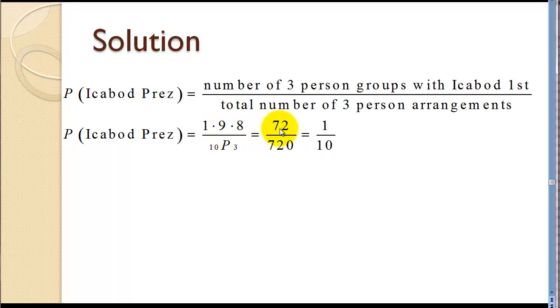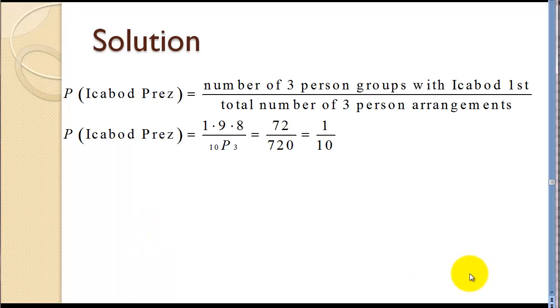So there are 72 councils that have Ichabod as president. And then we need to know the total number of councils, and that would be 10 people being chosen 3 at a time, and it's an arrangement, and we could do this in the calculator, and we get 1/10. So there's a 0.1 probability that Ichabod would be chosen president.